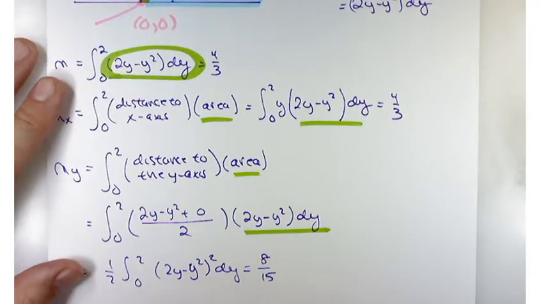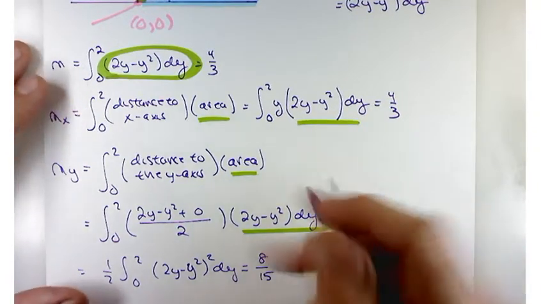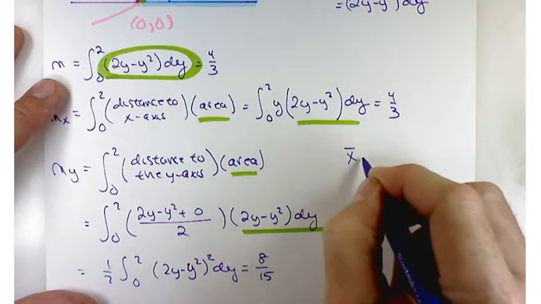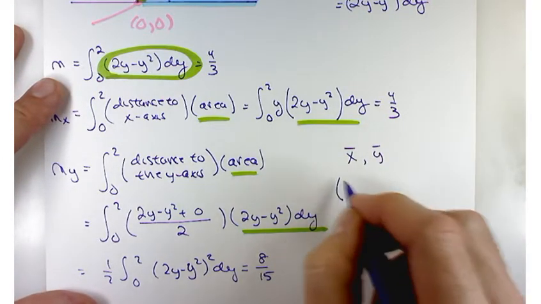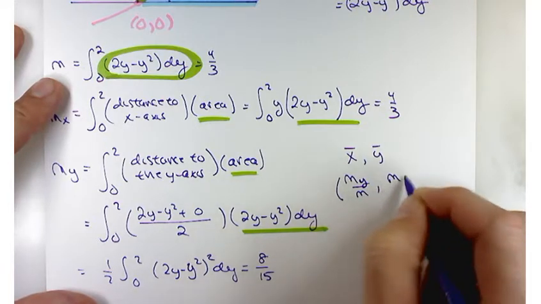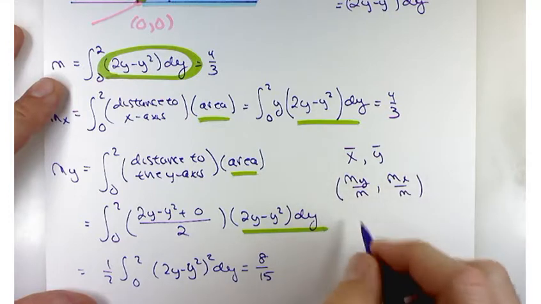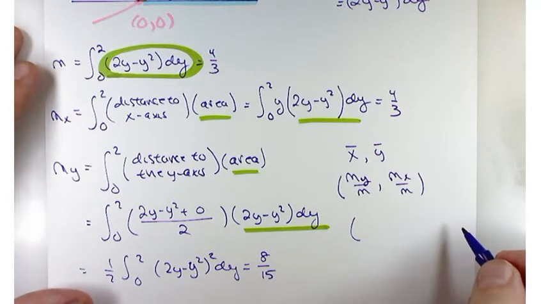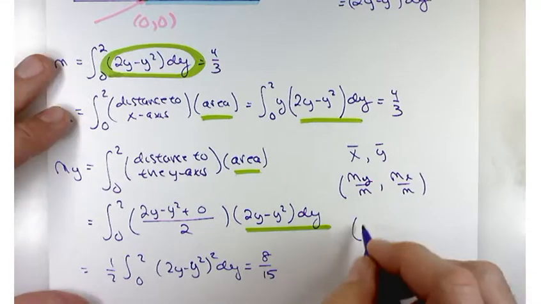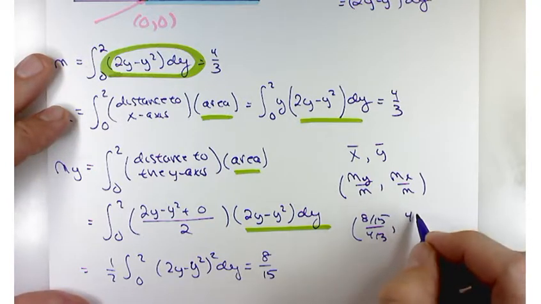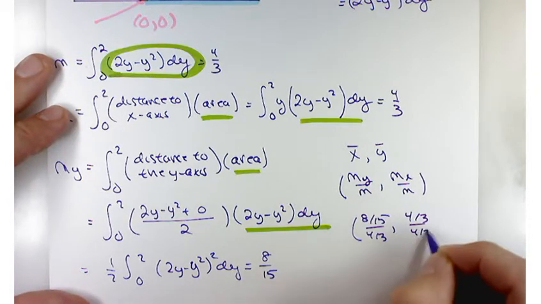So I think I've got everything I need now to find the center of mass. X bar and y bar are going to be M sub y divided by m and M sub x divided by m. M sub y, let's see, 8/15 divided by 4/3 and 4/3 divided by 4/3.